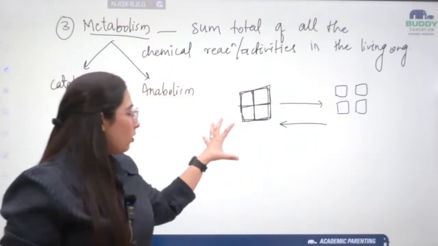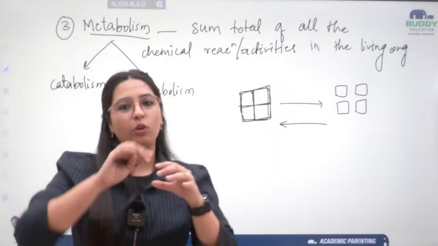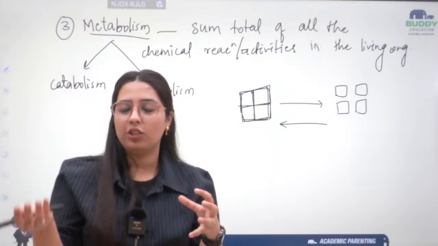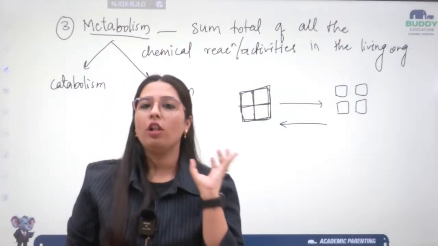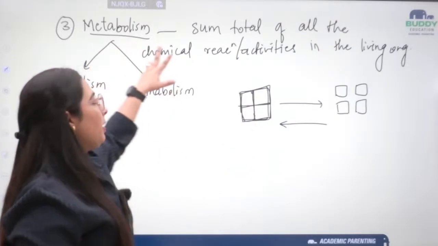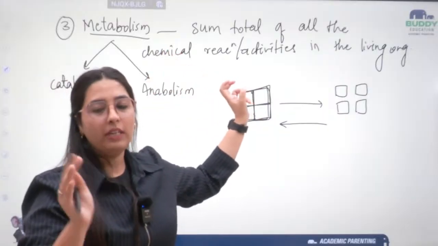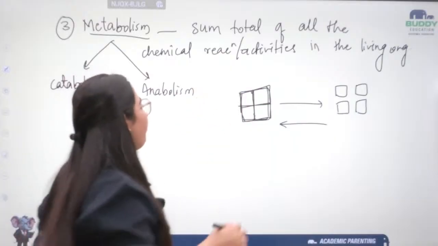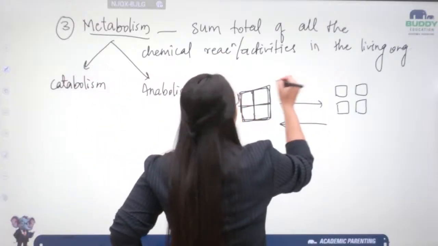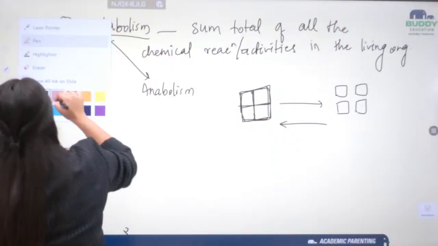Like I have a big Rubik's cube, I want to break it down, that also releases energy, and I want to make it, that also releases energy. So energy is involved in all the process. All these chemical activities, whatever is going in my body, when energy is involved in this process, that is metabolism. If I break down this thing, then the process will be catabolism.